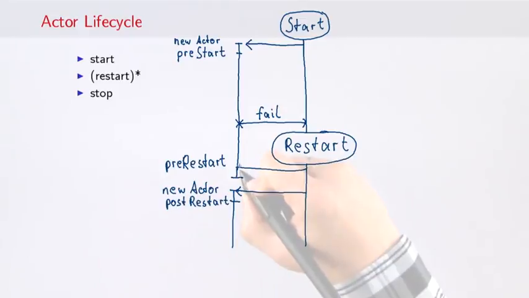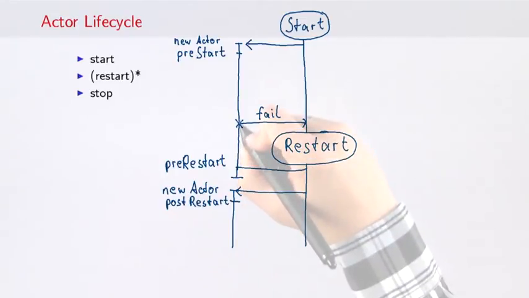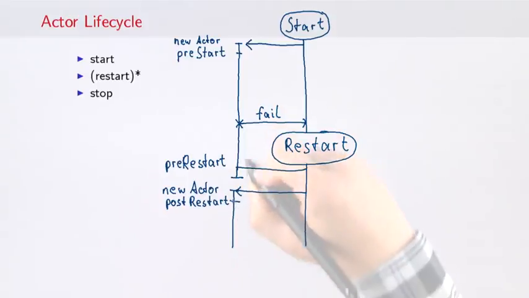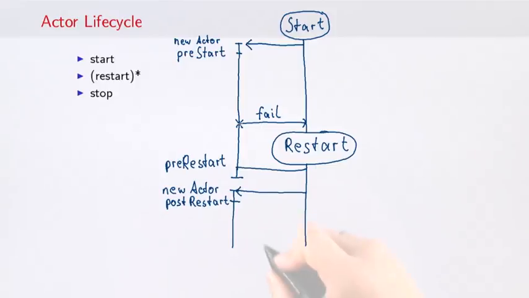No messages will be processed between the failure and here. The message which caused the failure will not be processed again, because presumably it could also have been the cause of the failure. Then after postRestart, the actor resumes its actions.